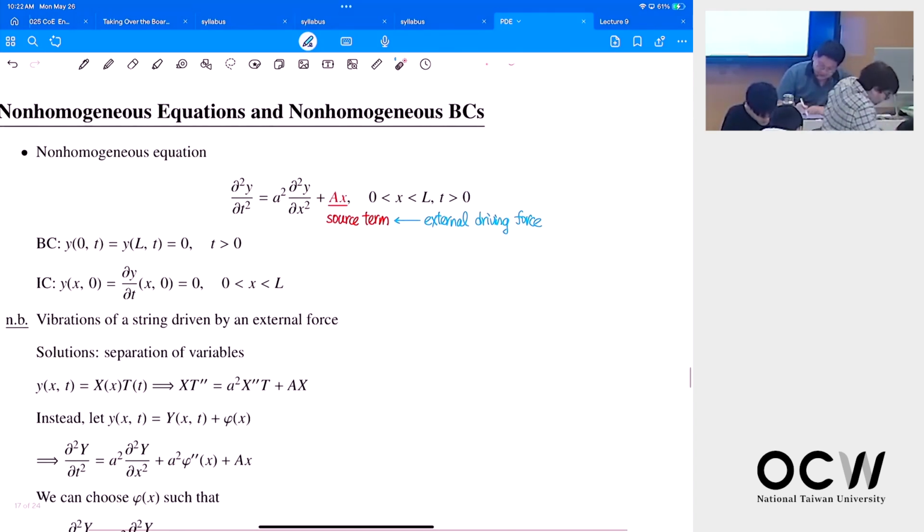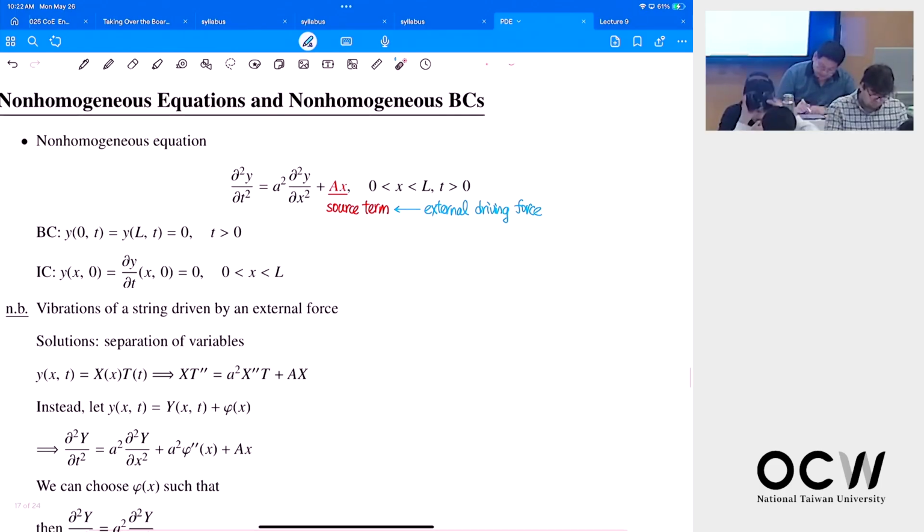This is like, as I said, the vibrations of a string driven by an external force. And we still use the separation of variables to find the solutions. So if I use a separation of variables, y equals x times t, position times time, and then we bring it back.